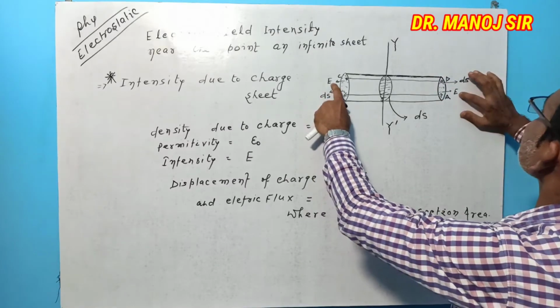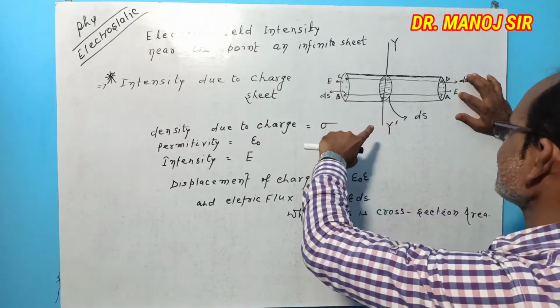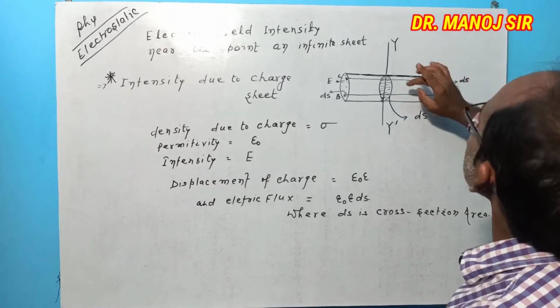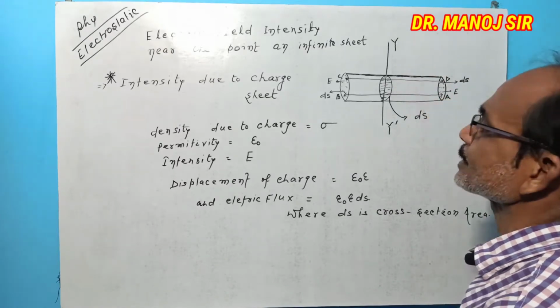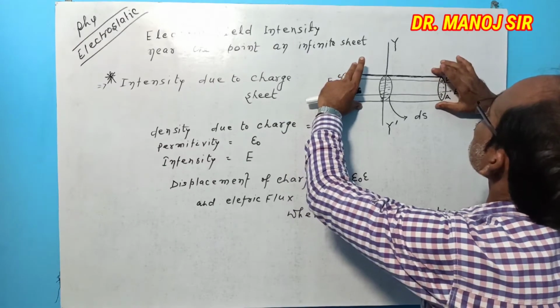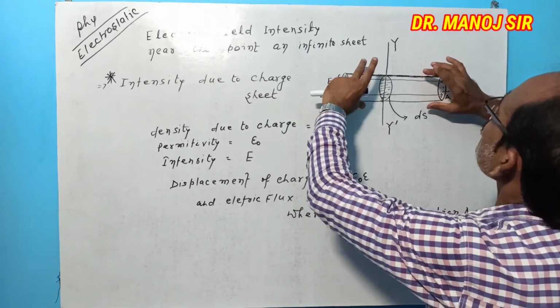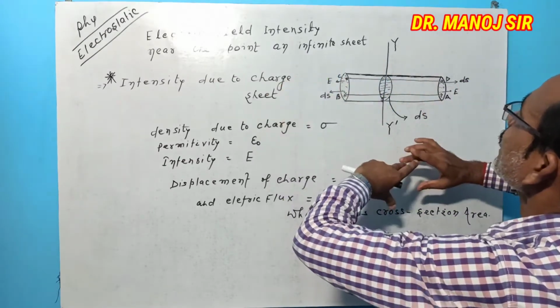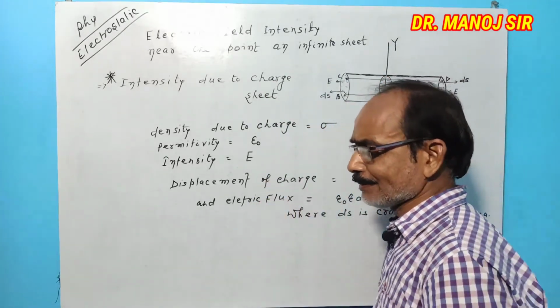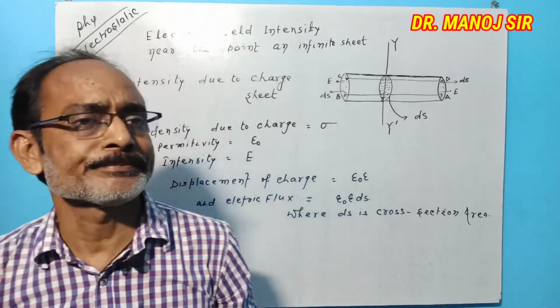E and E is the electric intensity, and the middle area is also ds, because both the upper line and lower line mean the cylinder is a completely right angle cylinder.